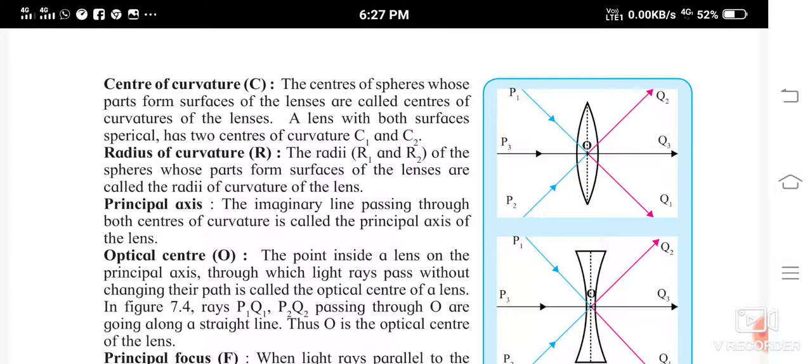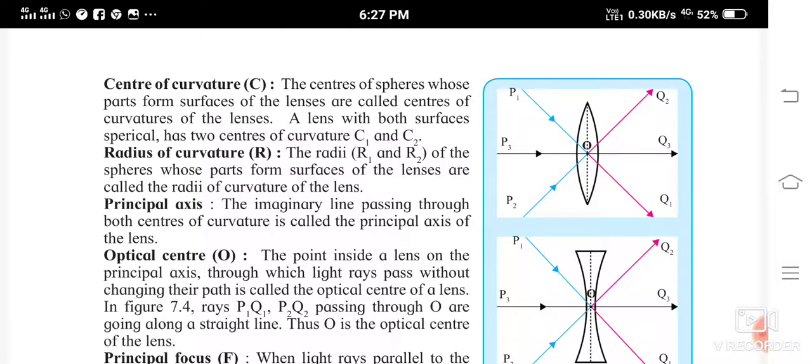Now, center of curvature. So, what is the center of curvature? See, the centers of spheres whose parts form surface of the lenses are called centers of curvature of the lenses. So, what is the center of curvature? The centers of spheres, okay? The centers of the spheres whose parts form, you can see here in the figure, okay? Yes.